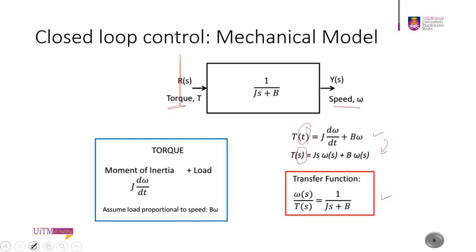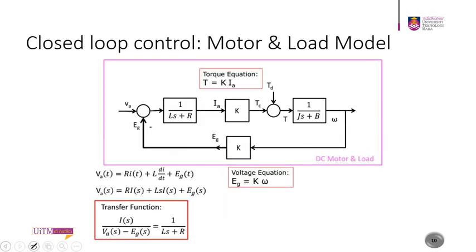And next we will look into the motor and load model. Same thing, from the time-based equation we need to transfer it into a step-based equation, and you have your transfer function here, and this will be the DC motor and load function.